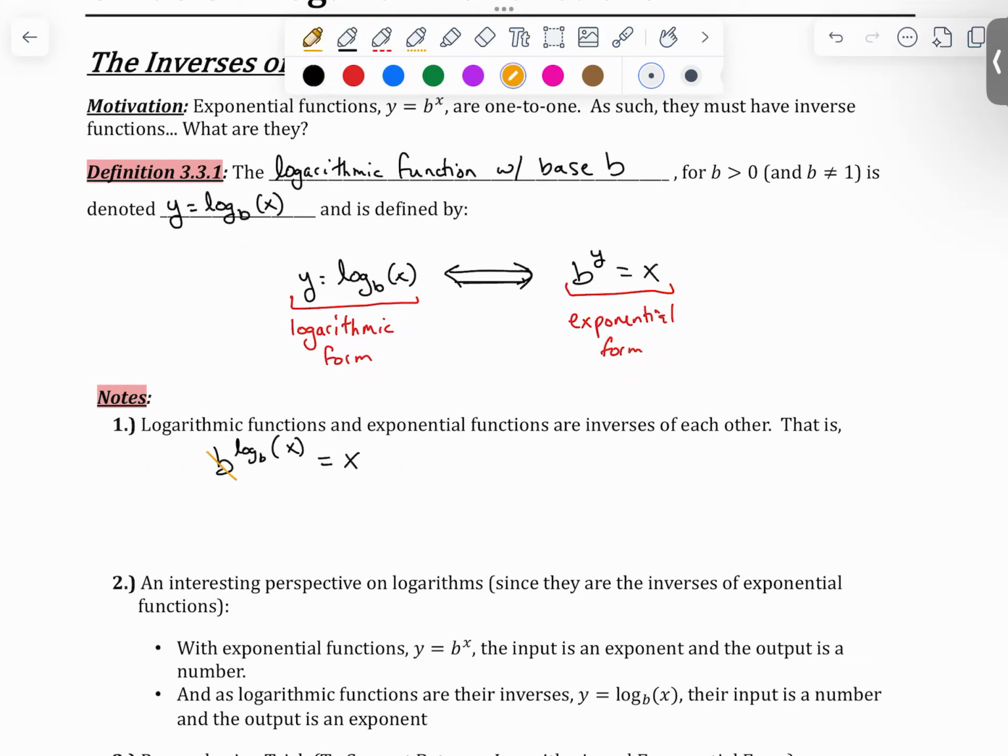We'd see that the exponential base b and the base of the logarithm end up canceling each other out, and that's just one version of it. But you could also have that log base b of b raised to the x is going to be equal to x, because here the log base b and the exponential base b cancel out.